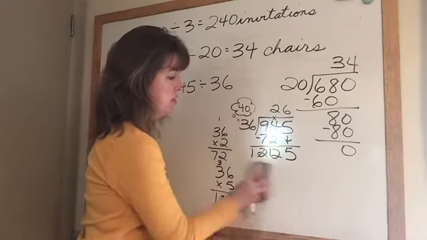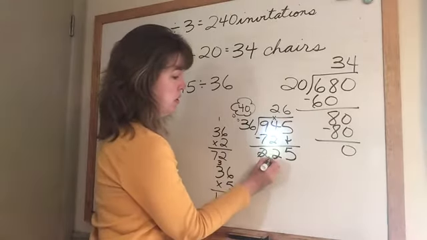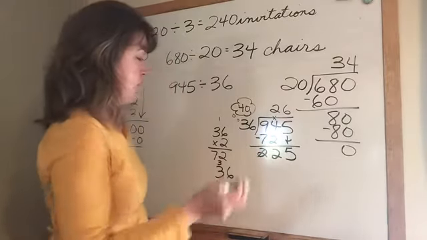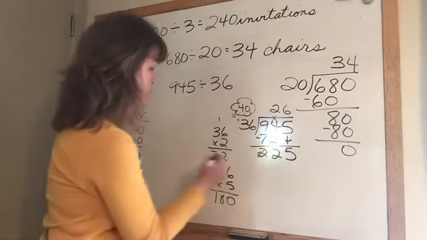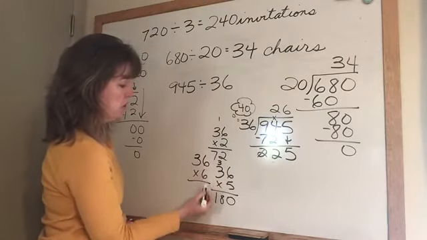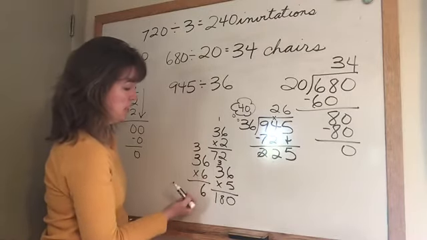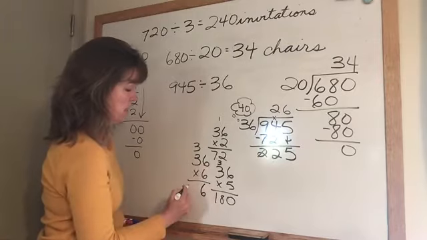So erase this. You can erase all the numbers you used for carrying or for borrowing. Okay, now we're going to do 36 times 6. So 6 times 6 is 36. 6 times 3 is 18 plus 3 is 21.